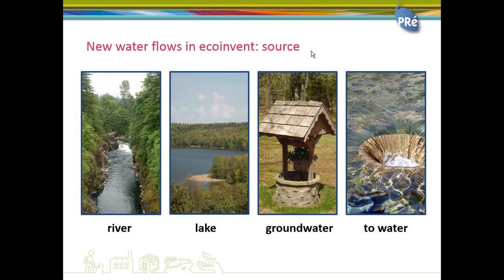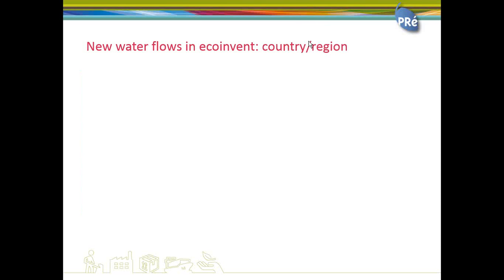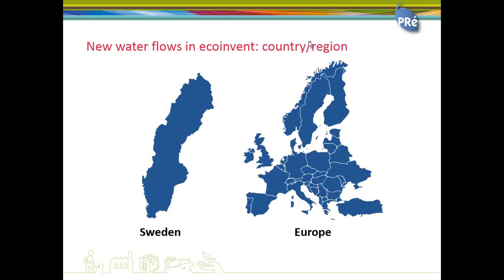So water withdrawals are now available from source for each one of the unit processes. And there's also some regionalization by countries and specific regions in ecoinvent. Mostly focused in Europe, but that helps to support the specific water scarcity methods and other water footprint methodologies that we have in SimaPro.